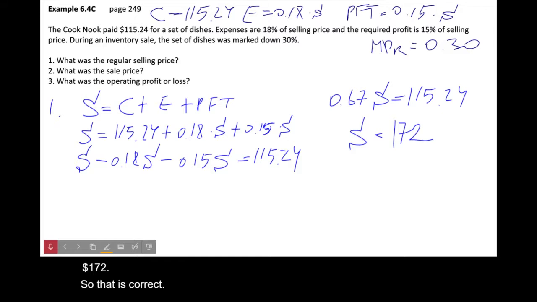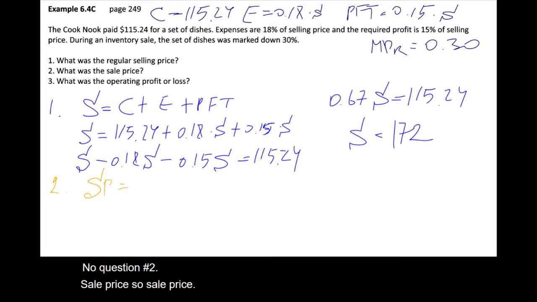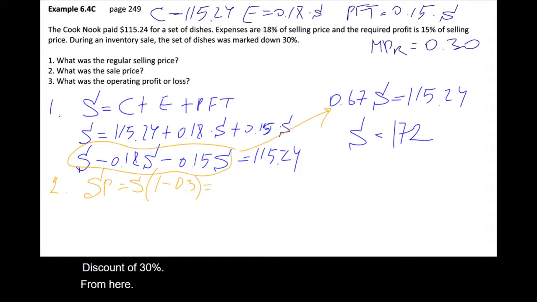Now question number 2. Sale price. So sale price can be found as discount of 30%. Well, from here to there. Why 2?